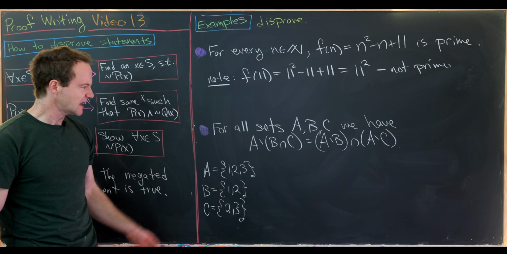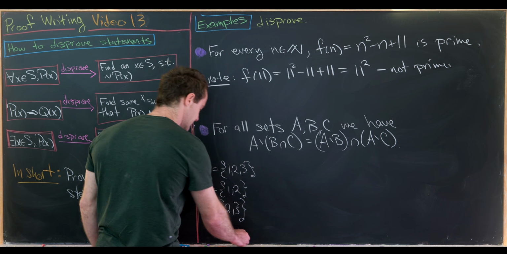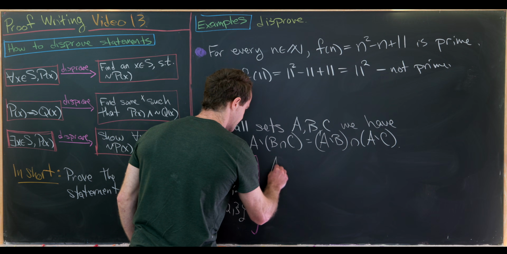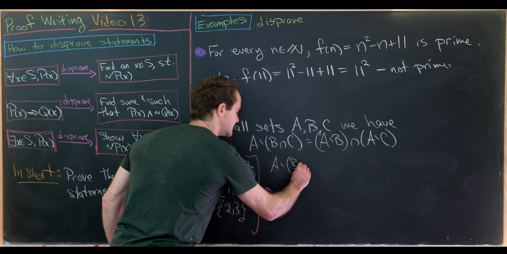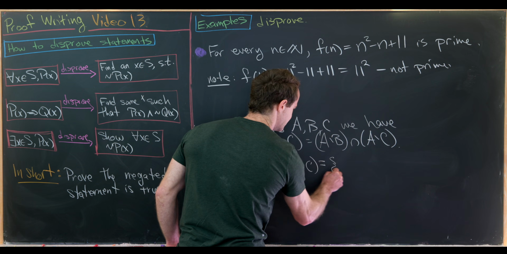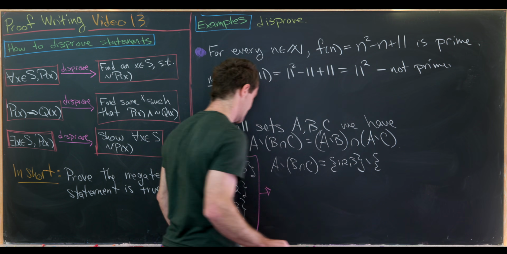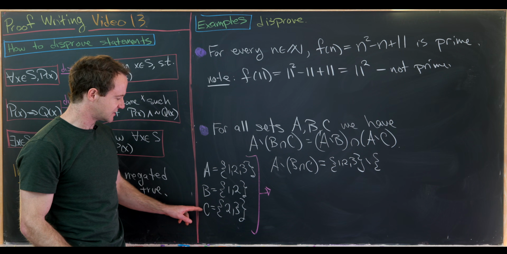Great. And now let's look at either side of this would-be equation, this would-be identity. So let's start with the left-hand side. So we have A set minus B intersect C. Okay, but that's going to be the set containing 1, 2, 3, set minus the intersection of B and C. But what's the intersection of B and C?